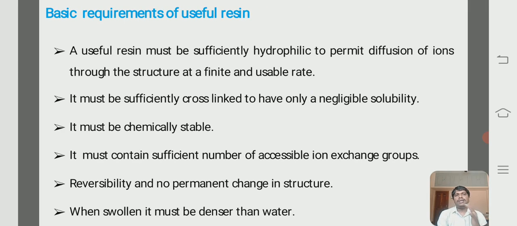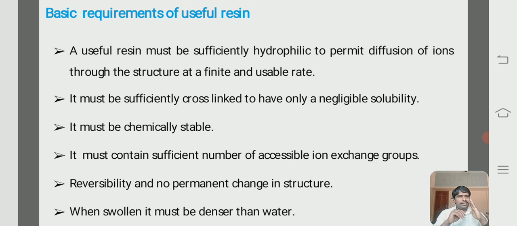Let us see some basic requirements of useful resins. For the selection of resin, it should fulfill the following points. A useful resin must be sufficiently hydrophilic in nature to permit diffusion of ions through the structure at a finite and usable rate. It must be sufficiently cross-linked to have only negligible solubility, and next, this resin must be chemically stable.